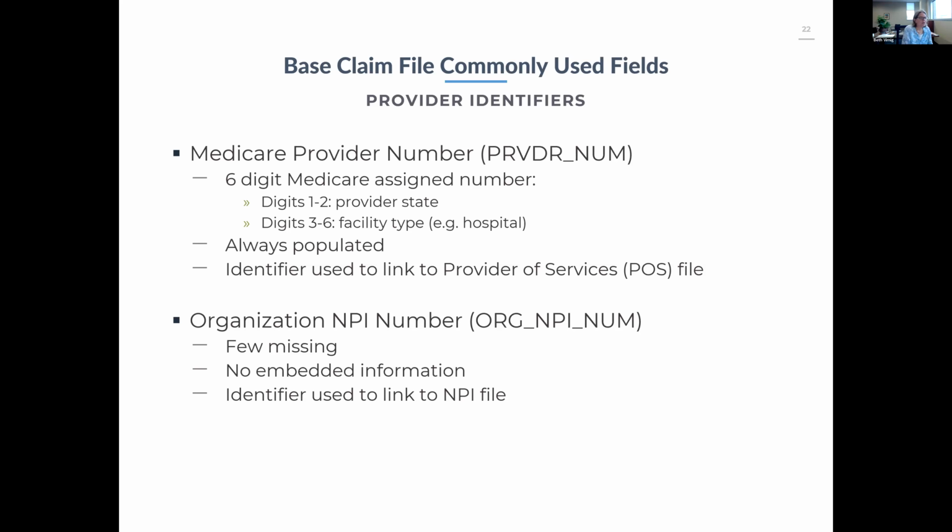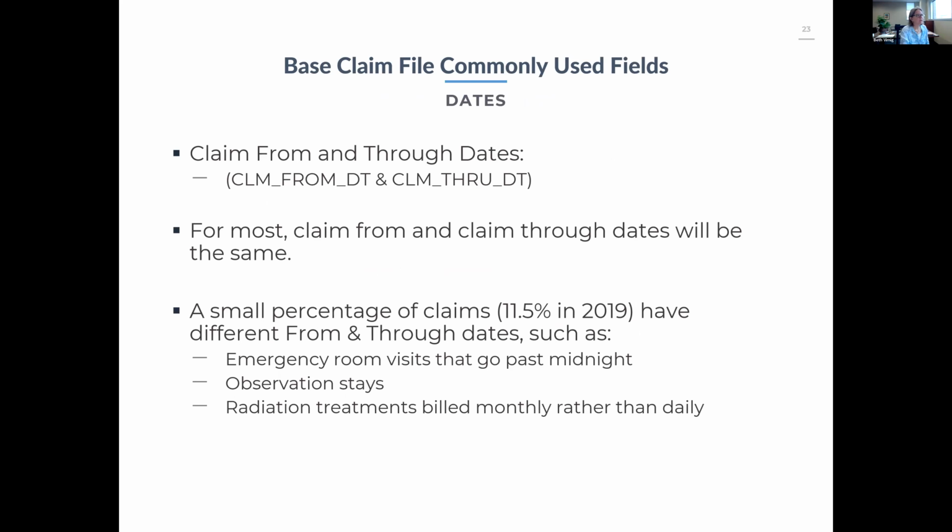There are very few of these that are missing. They're almost always present. It contains no embedded information, but it's linked to the NPI number. So again, sometimes we'll say it's an intelligence-free identifier like the NPI, or it's an intelligence-embedded number such as the provider number.